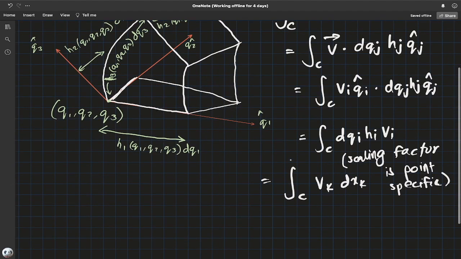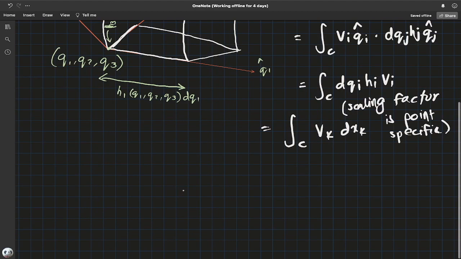I mean, unless you define your general curvilinear system to just be a scaled up version of the Cartesian system, then yes, we would have to pull it outside, because it would be a constant in that case, not in general cases. Okay, this was the line integral.